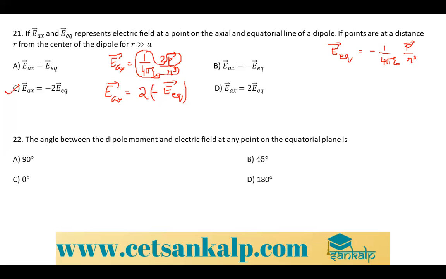Since it is opposite, the angle between the dipole moment vector P and vector E will be equal to 180 degrees, since they both are in opposite directions. So option D is the right answer.